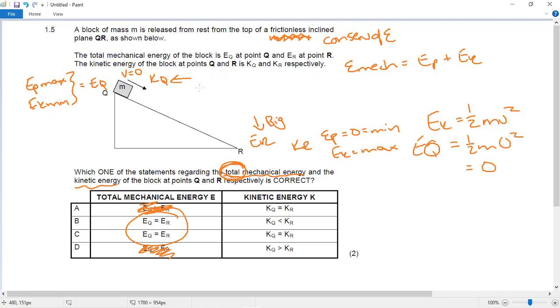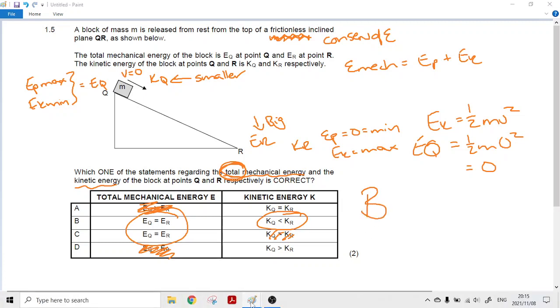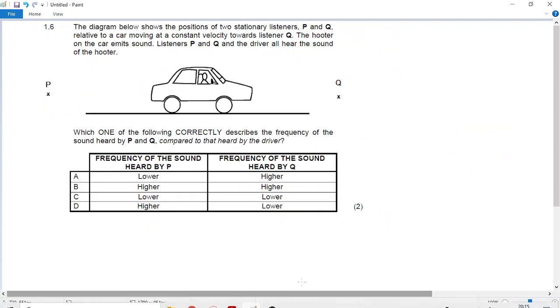The kinetic energy over here is smaller. The kinetic energies can't be the same because the velocities are not the same. It has to be answer B. The total mechanical energy is the same, but the kinetic energy is greater at R than it is at Q.